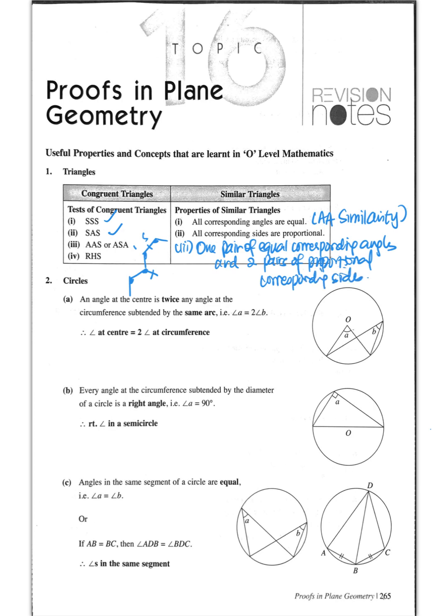Please make sure that you write it properly for similar triangles. Usually it is the AA similarity.